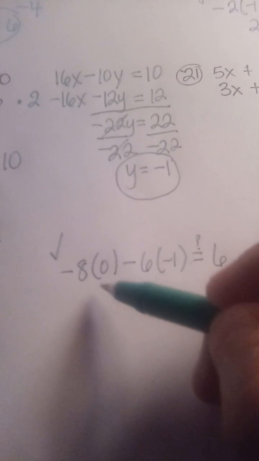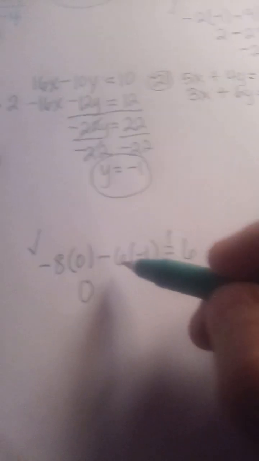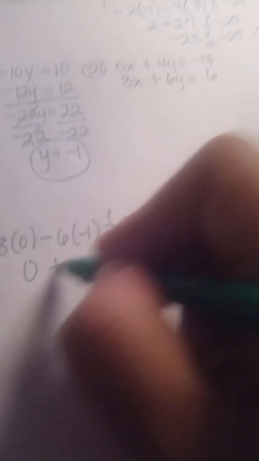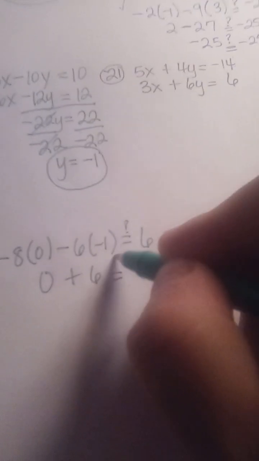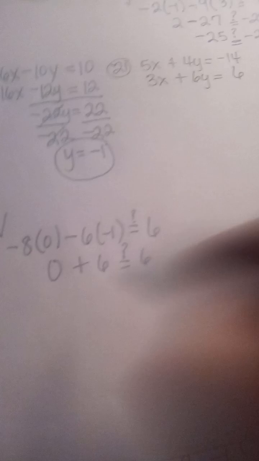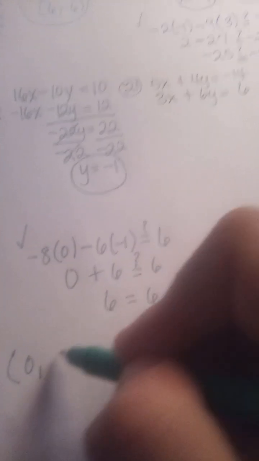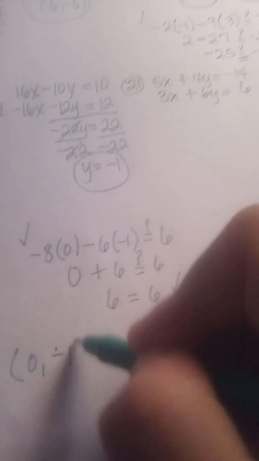In this instance, we have -8 times 0 is 0. And this would turn into, I believe, a positive 6. Does it match? Yes. So that is our final answer. 0 for x, -1 for y.